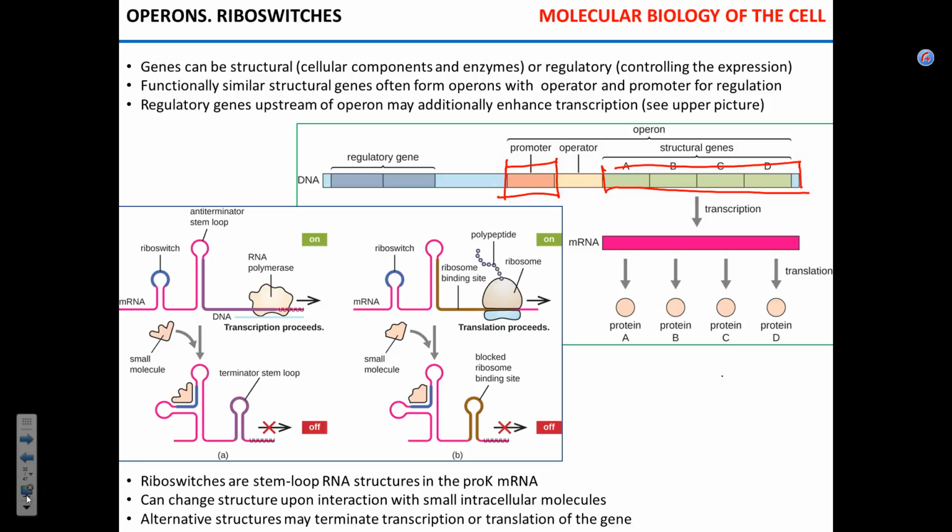Which enzyme binds to the promoter to start gene expression? RNA polymerase. Very good. RNA polymerase binds to the promoter, right? Now, the operator sequence right here controls whether RNA polymerase can proceed or not.